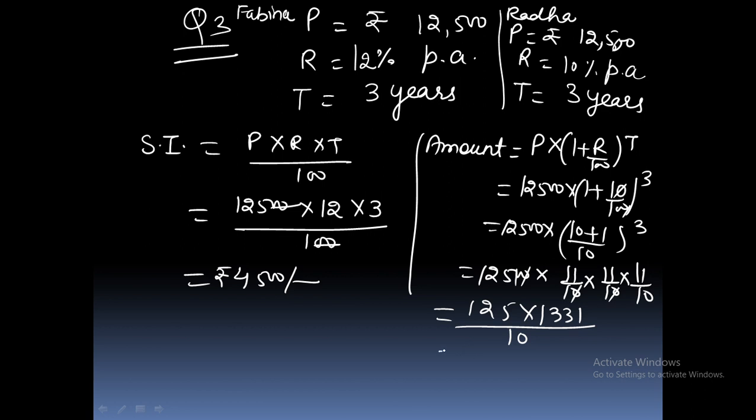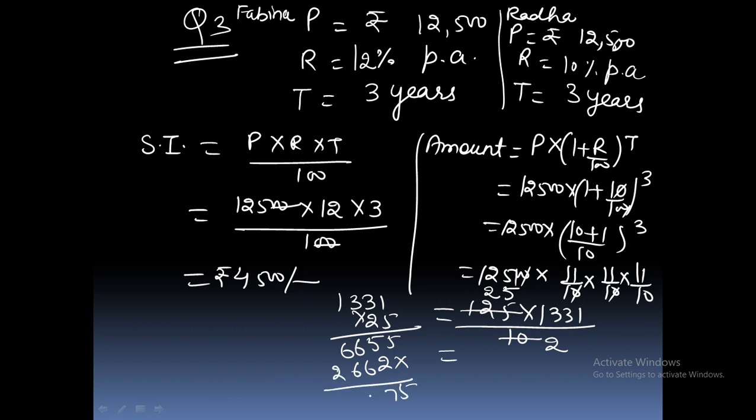Now you can solve it. 5 2s are 10, 5 2s are 10, 5 5s are 25. Here you can solve it by this. 5 1s are 5, 5 3s are 15, 15 plus 1 16, 5 plus 5, 5 plus 1 6, 2 6 6 2, 5 7 12 13 and 3.